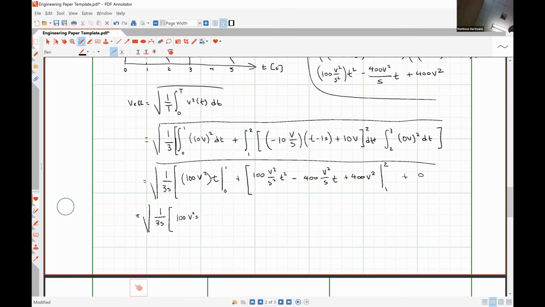Then we're going to have 100 volts squared per second squared multiplied by 2 seconds squared, minus 1 second squared.